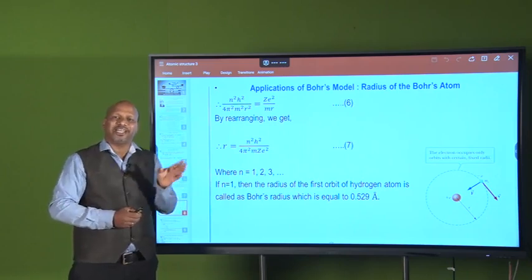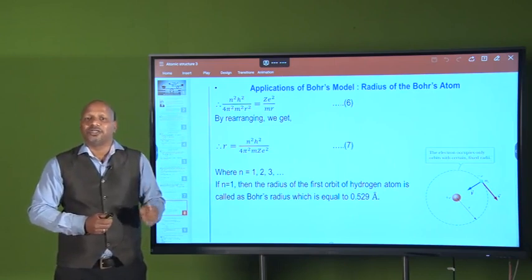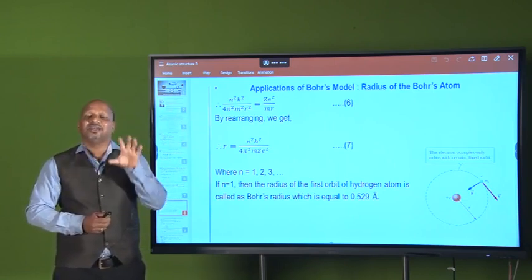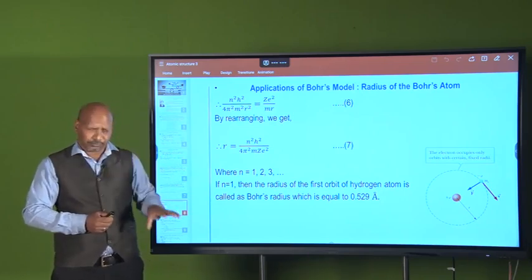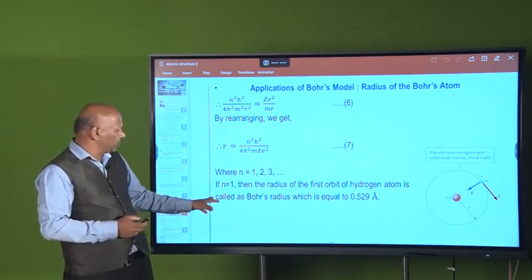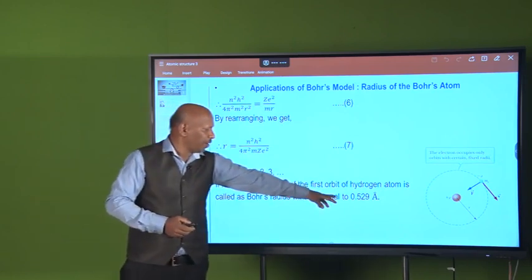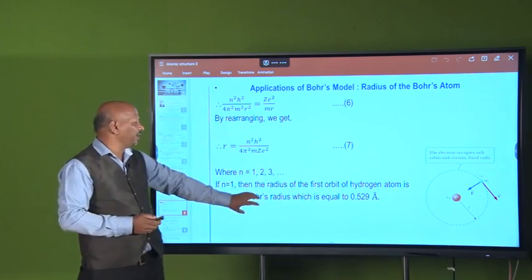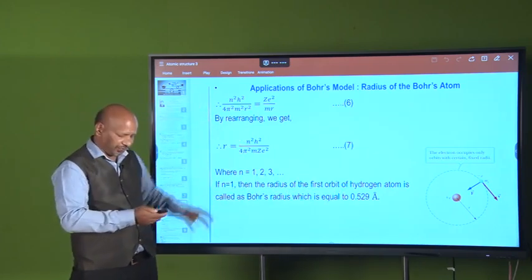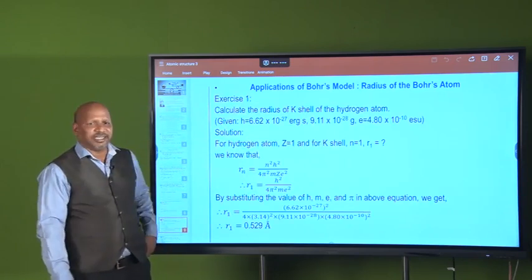If you know the radius of the first orbit for hydrogen, then this is the size of the hydrogen atom. We know the hydrogen atom radius is 0.529 angstrom unit. Now we have to check whether we get the same from this equation. So for that we are going to take the exercise.